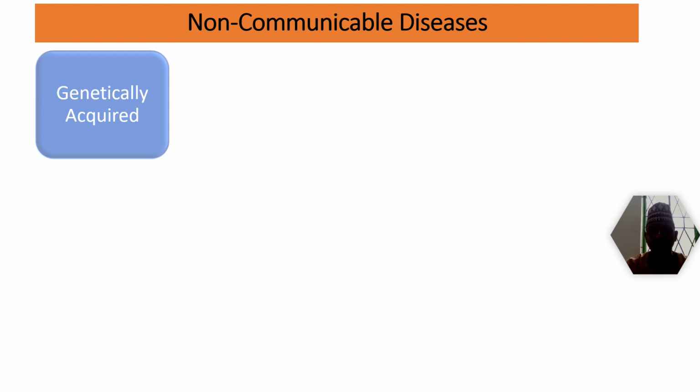We have non-communicable diseases that are acquired based on certain behaviors, nutritional behaviors, smoking, and other behaviors. These ones are called behaviorally acquired non-communicable diseases. And we also have environmentally acquired non-communicable diseases.